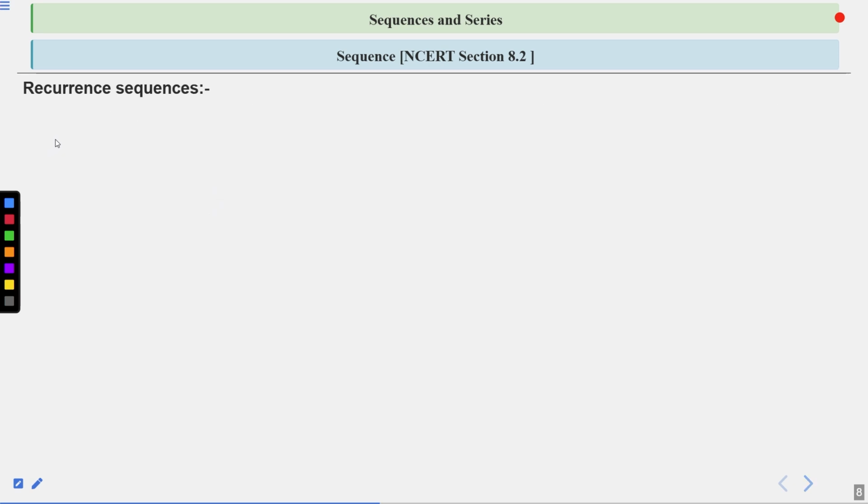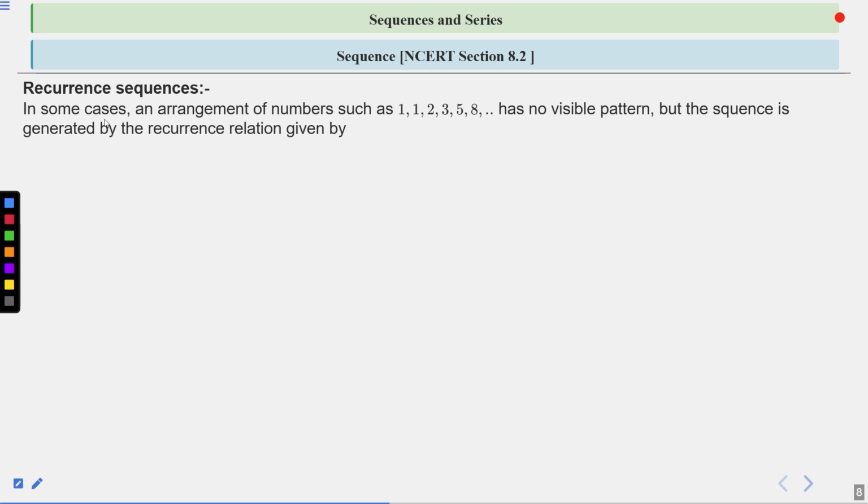Now, recurrence sequences. What do we mean by recurrence sequences? In some cases, an arrangement of numbers, such as, for example, 1, again 1, then 2, then 3, then 5, then 8, has no visible pattern. But the sequence is generated by a recurrence relation, meaning that the upcoming term is somehow related to the previous term or terms.